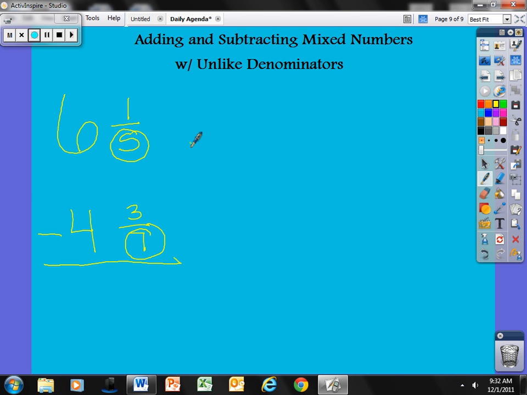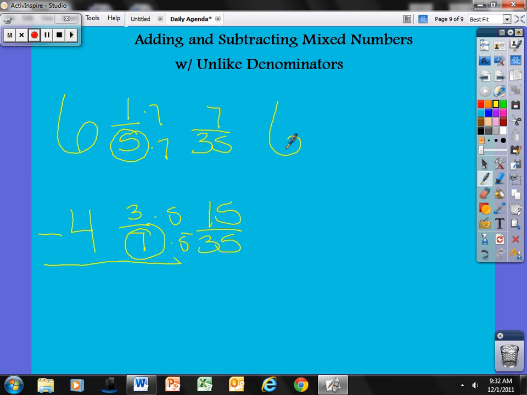My least common multiple for both 5 and 7 is 35. What did I multiply 7 by to get 35? I multiplied it by 5. 3 times 5 is 15. What did I multiply 5 by to get 35? I multiplied it by 7. 1 times 7 is 7.